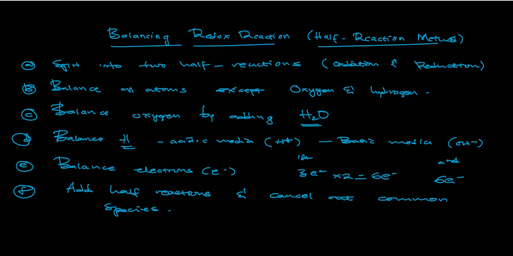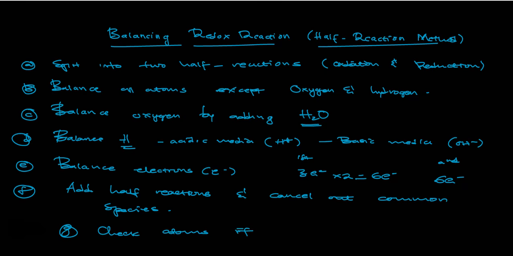If your solution is basic, you are going to convert hydrogen ion to hydroxide ion, and I've explained that already. Your last step is just to check if atoms have balanced.